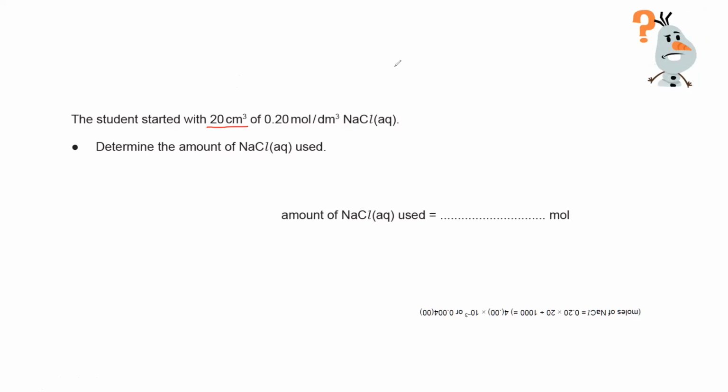Centimeter cube, meter cube, decimeter cube, these are all units for volume. So this is a volume, which is 20 cm cube, and 0.2 mole per dm cube is the concentration.